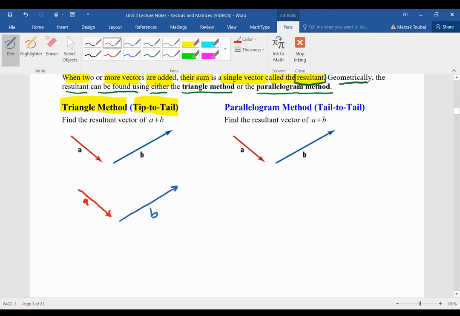So the triangle method says you gotta connect the tip to the tail.